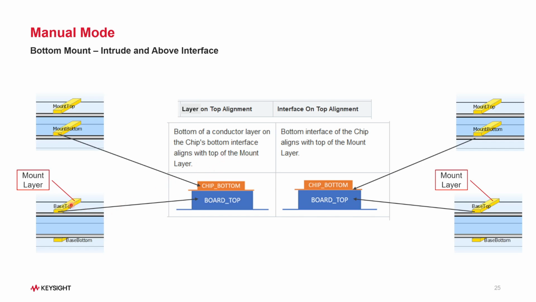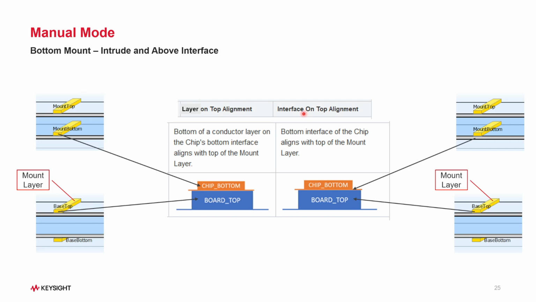The mount layer is this one, and the top of the mount layer is this surface here. And so this surface here aligns with the surface here, and it gives you this picture here.